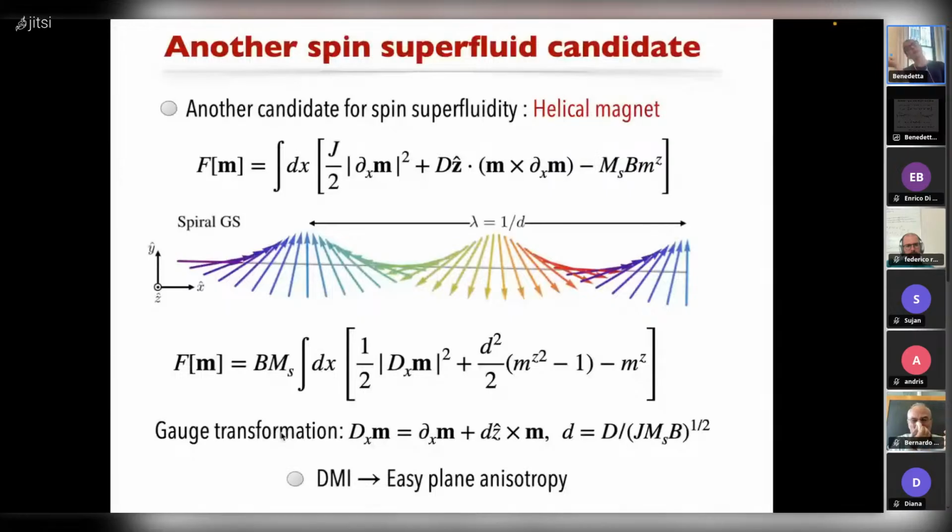As you propagate through this spiral ground state, you experience the texture as an effective easy plane anisotropy. And then you have a one-to-one mapping with the models that I showed you before. So that's where the mapping comes from.